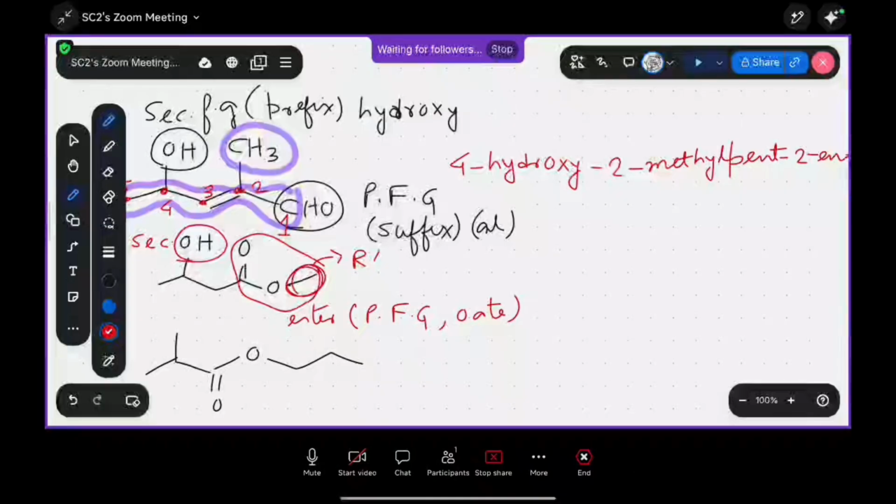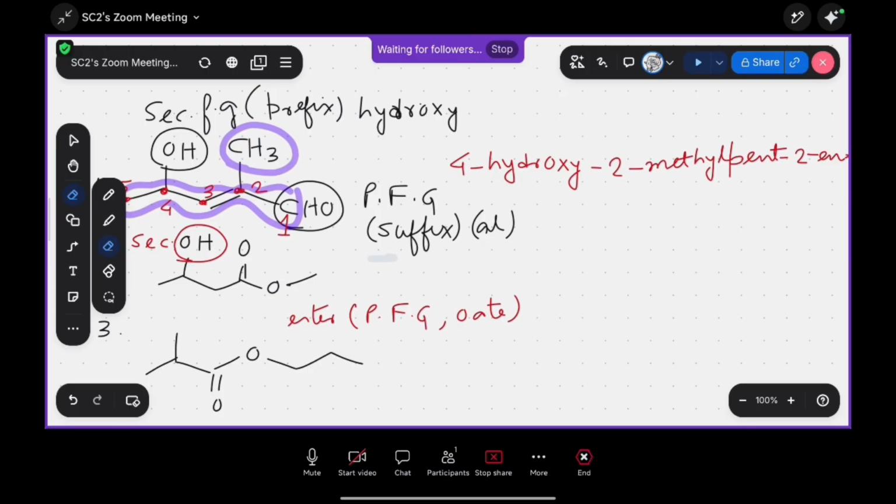But whenever we write ester, how do we start? Whenever any compound having ester functional group is given, you always name the R dash first. You always write the name of R dash first. And what is the R dash here? The R dash is a CH3 group, methyl group. So how do you write? It is simply methyl.